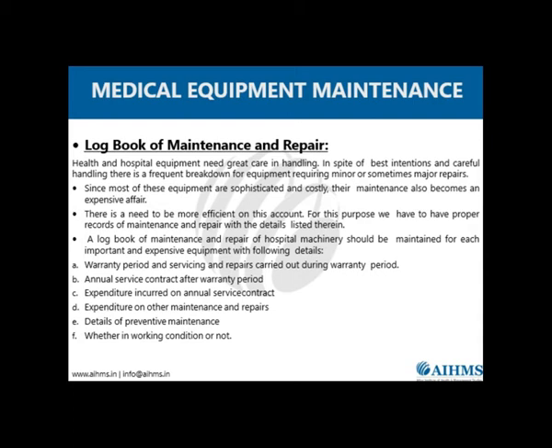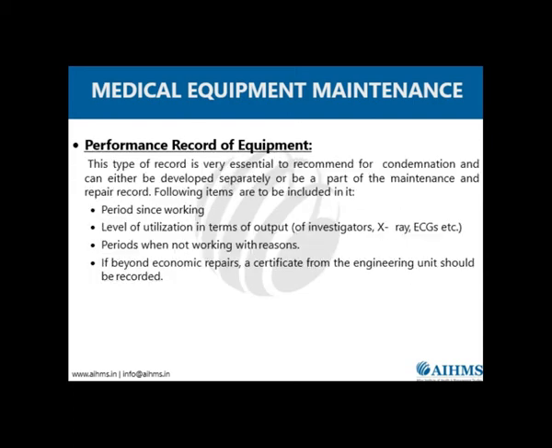Similarly, what is the expenditure incurred on the annual service contract, what is the expenditure on the maintenance and the repair, what are the details of the preventive maintenance, and whether it is in working condition or not. Then you will also have a performance record of the equipment: the period since the machine has been working, and the level of utilization in terms of finance as well as output.